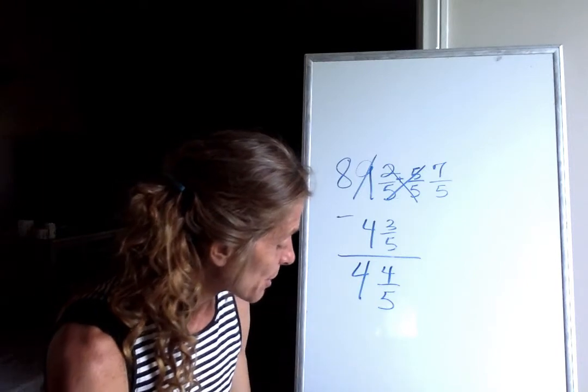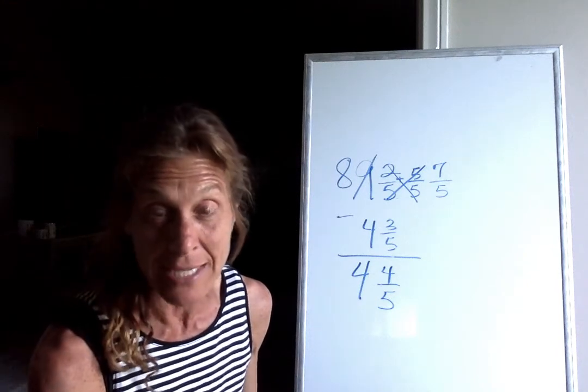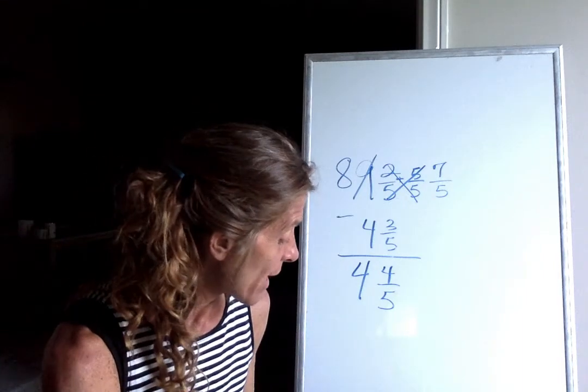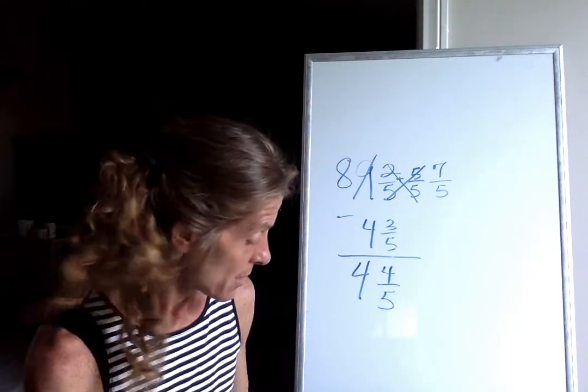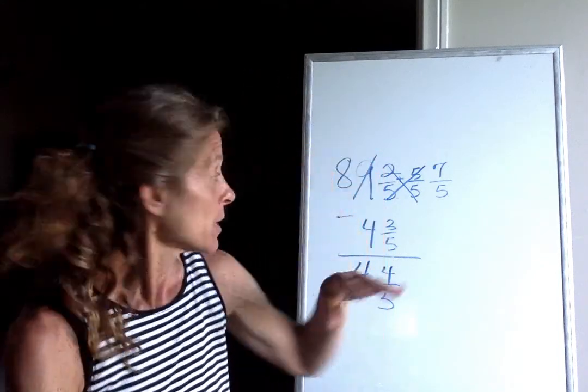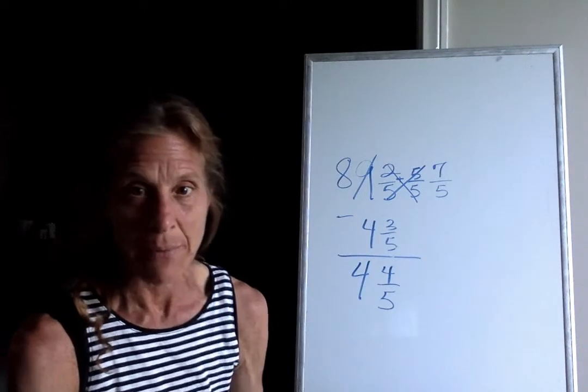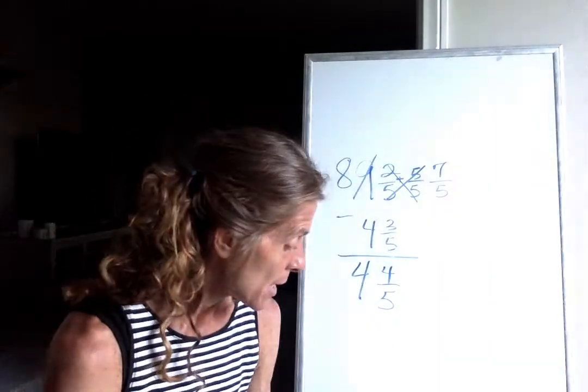Okay? Number 13, 14, and 15 are all the same. You're subtracting, but now they have it horizontally. So if it helps you to switch it and use some scratch paper to set it up this way, awesome. But if you can do it that way, awesome also.